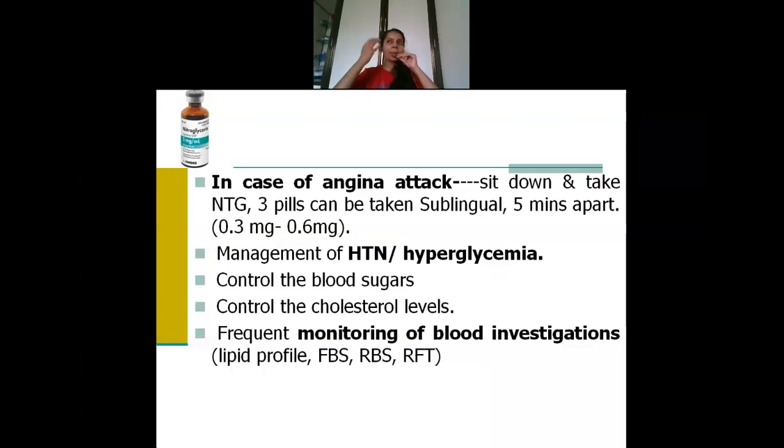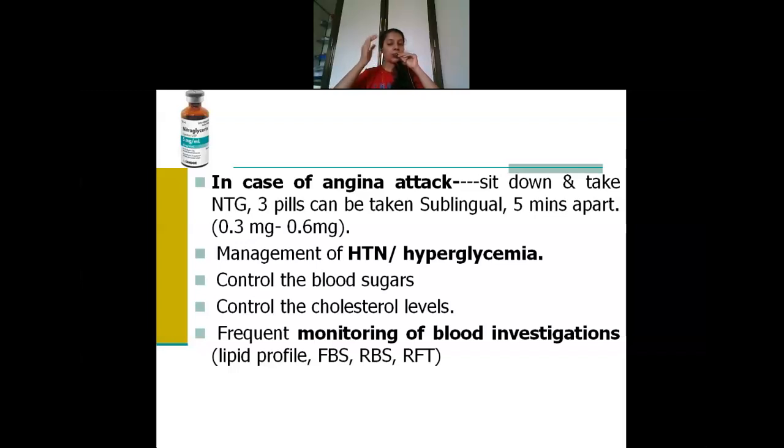Next, always advise the patient to control their blood sugar levels and also the blood pressure. They have to continuously monitor the lipid levels and also try to control the cholesterol levels. When they are monitoring the blood investigations, tell them to check the fasting blood sugar, which is taken in the early morning after a 12 midnight fast.